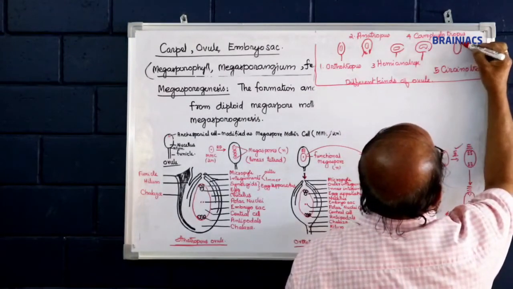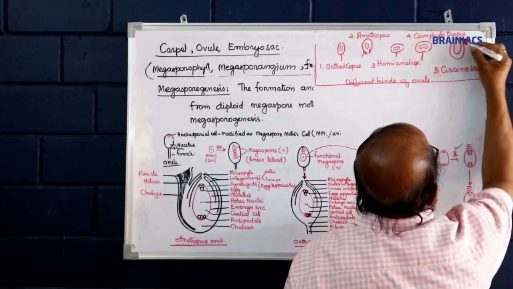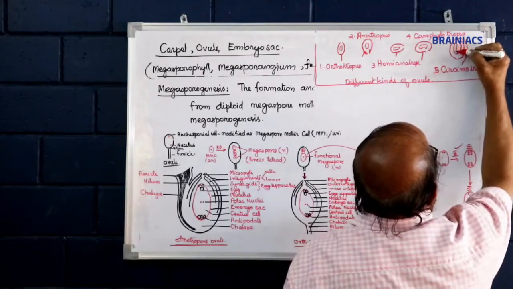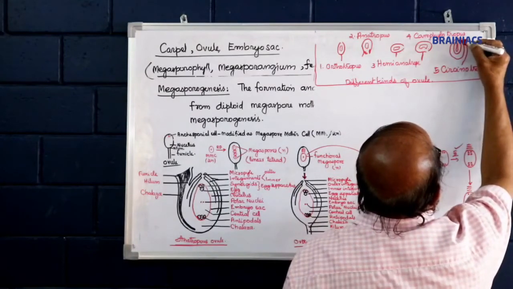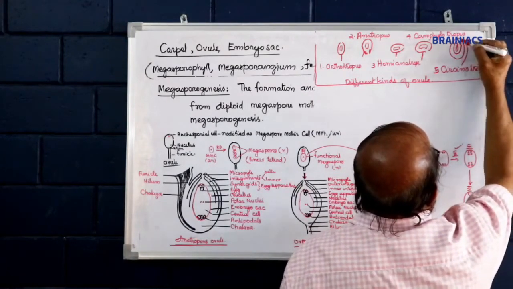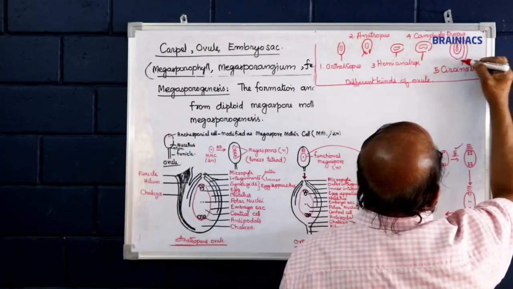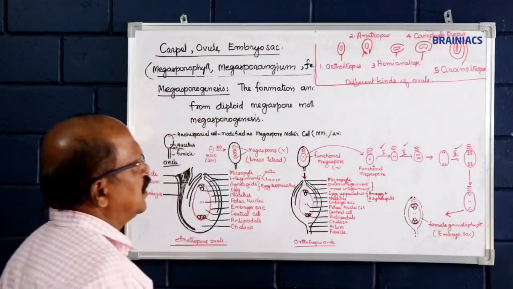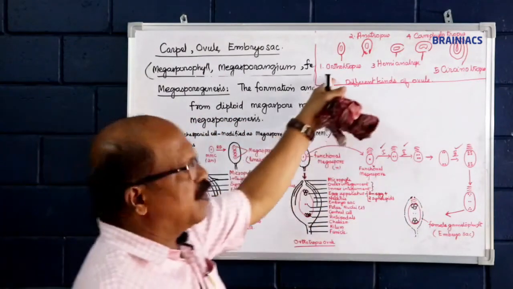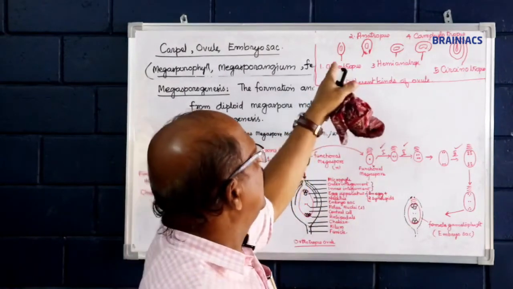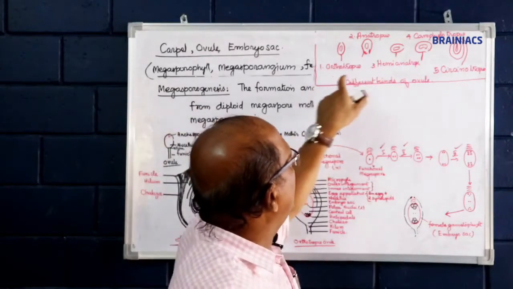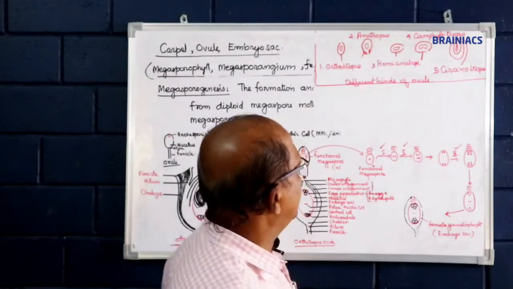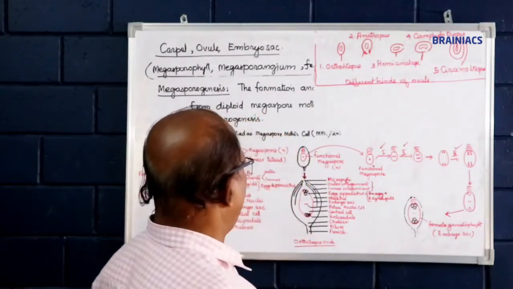The funicle is there, the opening is there, but a 360 degree curving is there. So this is circinotropous. It is not needed for your examination, but to remember: this is orthotropous, this is anatropous.